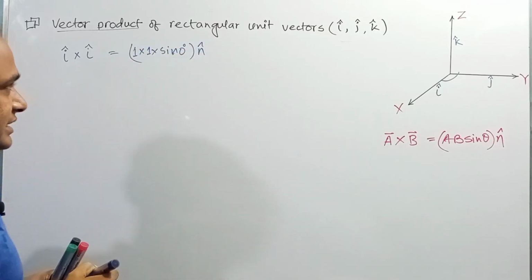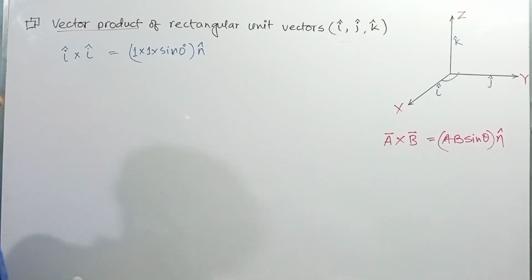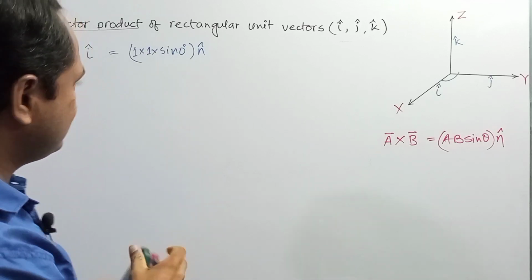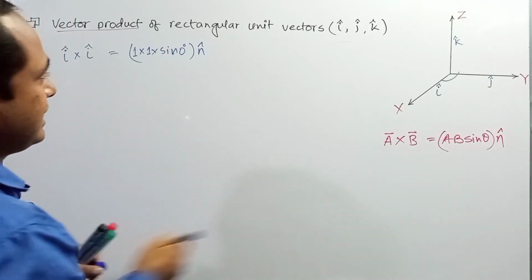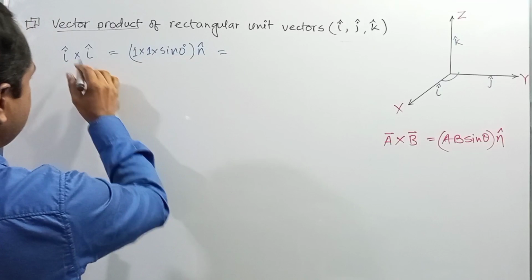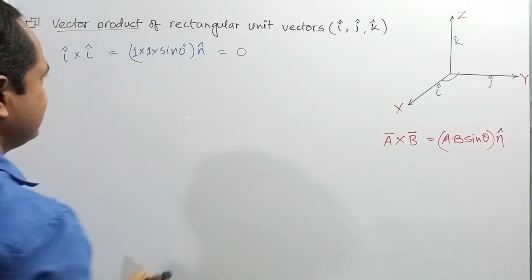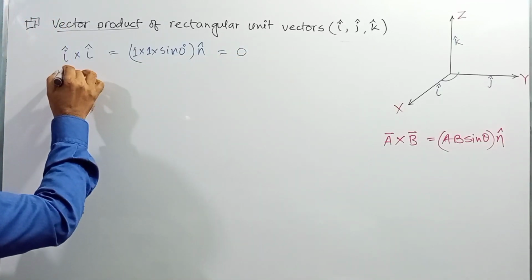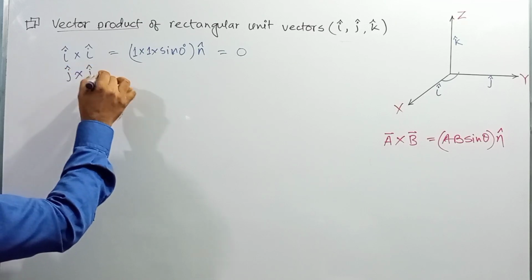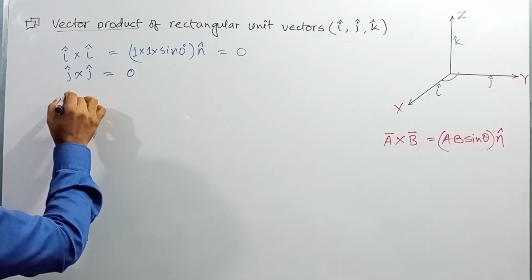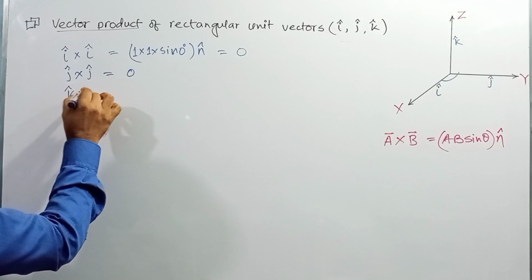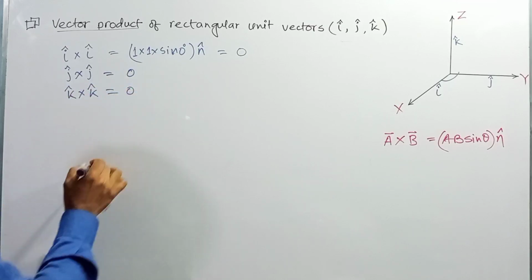And direction eta, you know, sin 0 degree is equal to 0. So the magnitude will be 0. Since the magnitude will be 0, it will be a null vector, that is we will get i cross i is 0. Similarly, j cross j is equal to 0, k cross k is equal to 0.